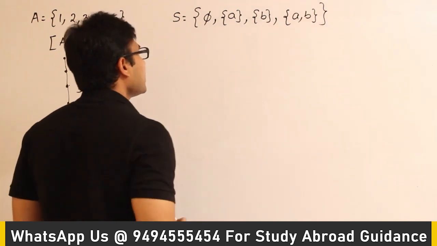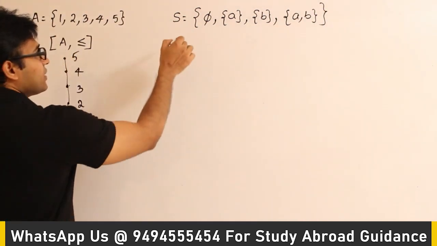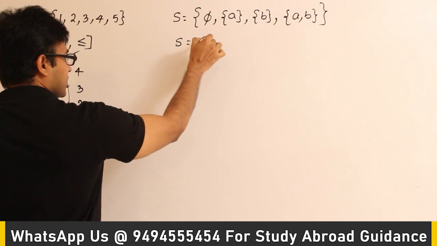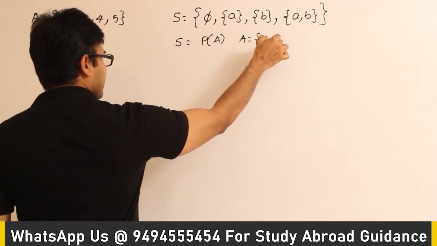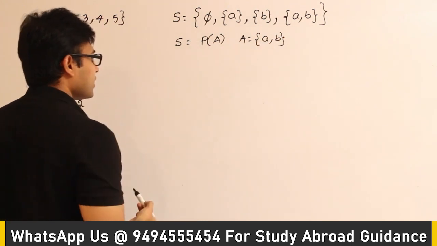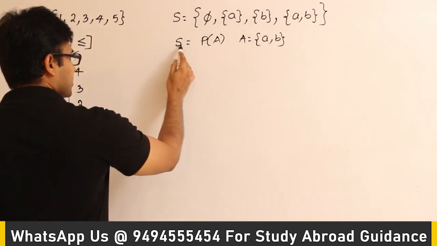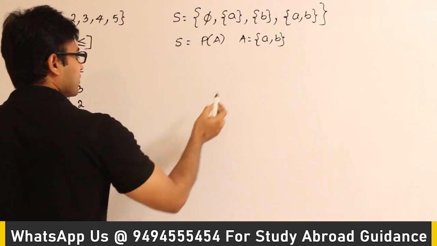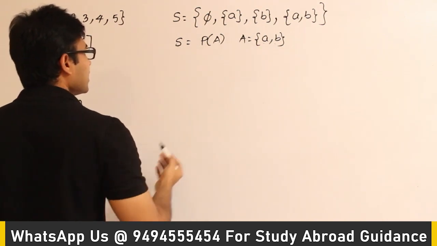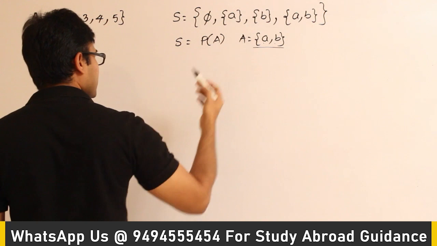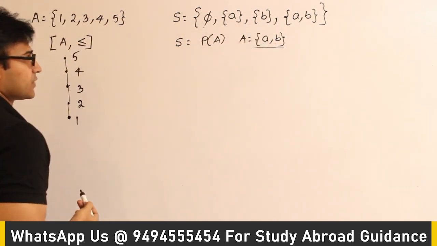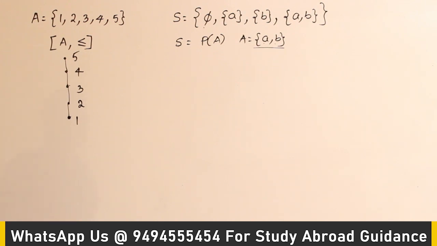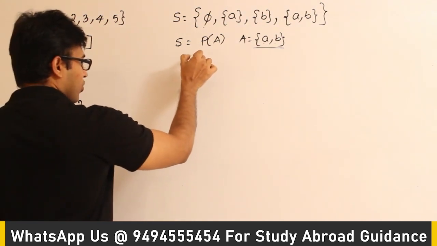If you look at S, you can even think that S is the power set of A, where A contains 2 elements A comma B, isn't it? So what does it mean? S is the set of all subsets of A, where A contains 2 elements A, B. If you find all the subsets of AB, you are going to get phi, A, B and AB, isn't it?